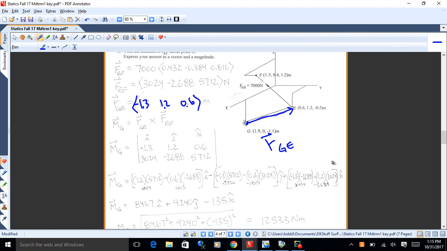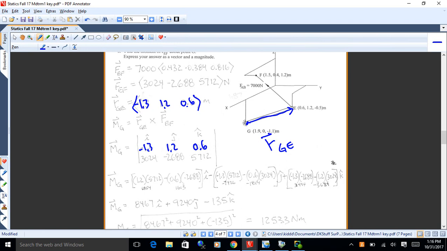And then you cross that. The first thing that goes in there is that position vector. Notice that it goes from G to E, not the other way around, and that it is a position vector. It's not a unit vector.